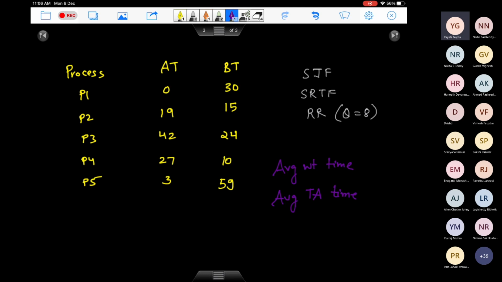You can just upvote this Gantt chart if you are getting the same Gantt chart for SJF. All right, so Aditi, Sanjana, and Yuvraj are getting the same answer. All right, for other parts.